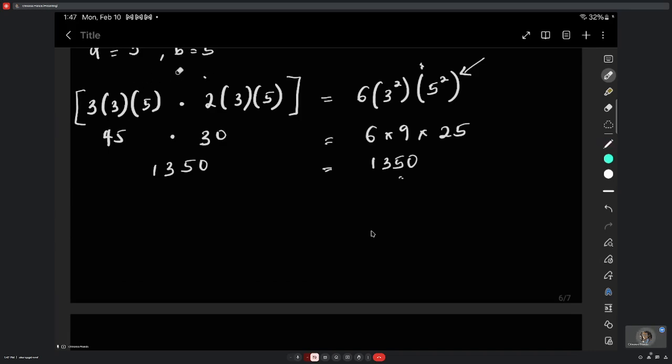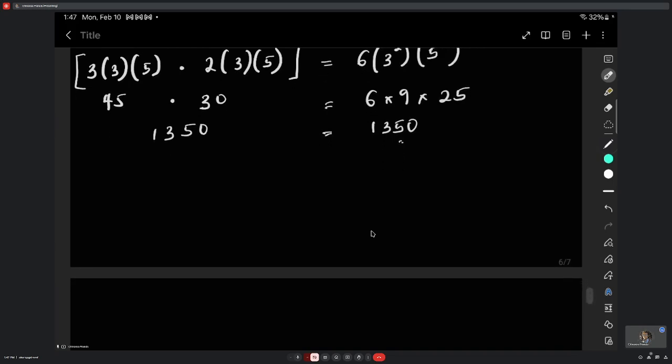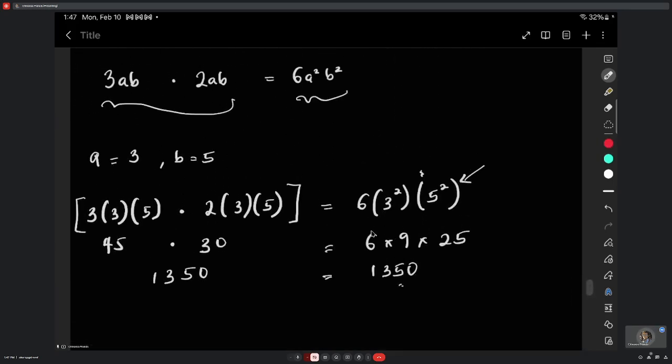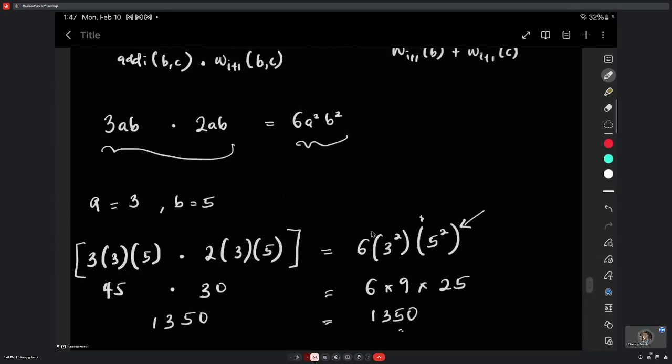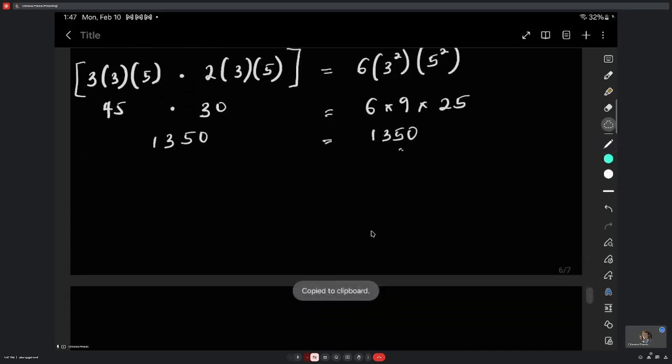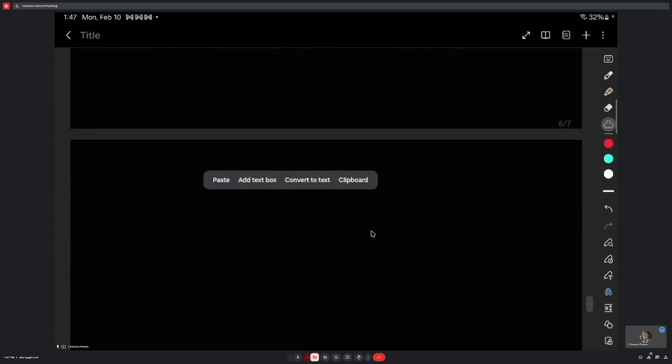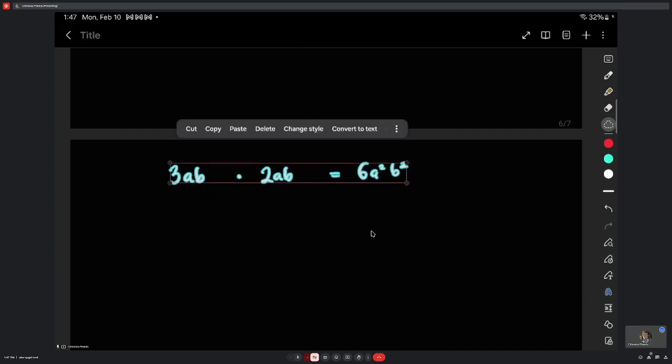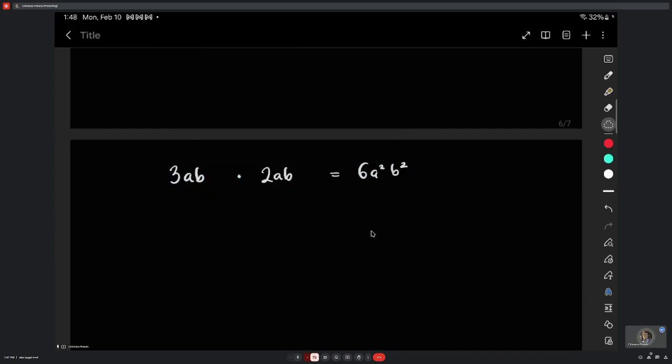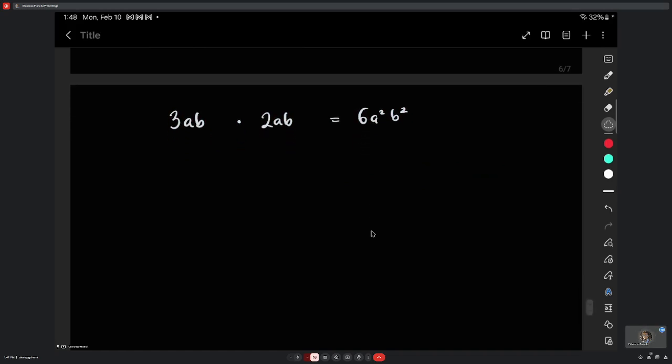So let's look at the partial evaluation. Say we're still working with our two polynomials, and we want to partially evaluate at a equal to 3. So how are we going to do it?